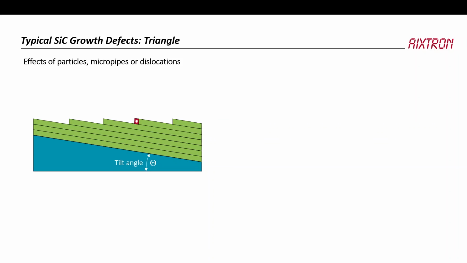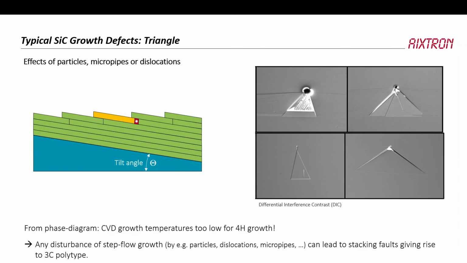For instance, I have a particle or some growth defect here on the edge of my growth front. Then the growing crystal will not know what to do because I'm disturbing it, because it wants to grow along this edge. And what's going to happen is that, for instance, this converts to 3C. And this gives rise to these triangle defects that we see. So any disturbance of step flow growth leads to the 3C polytype.